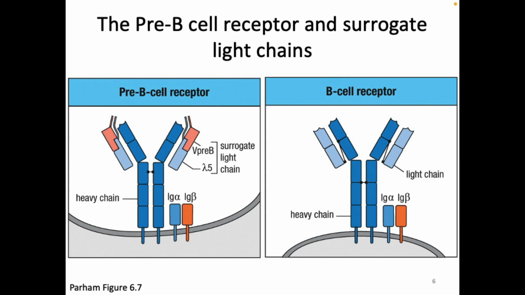This combination of the heavy chain and the surrogate light chain is known as the pre-B cell receptor, sometimes known as the pre-BCR.